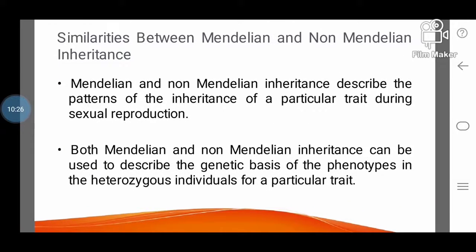Let's move on to the similarities between Mendelian and non-Mendelian inheritance. Mendelian and non-Mendelian inheritance describe the pattern of inheritance of a particular trait during sexual reproduction. So they are both describing the patterns of inheritance of a particular trait during sexual reproduction.